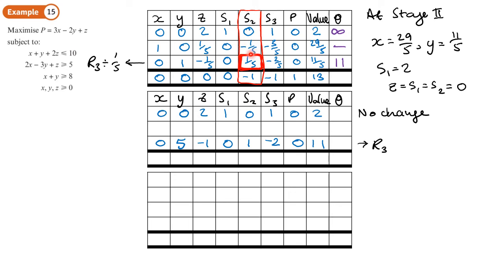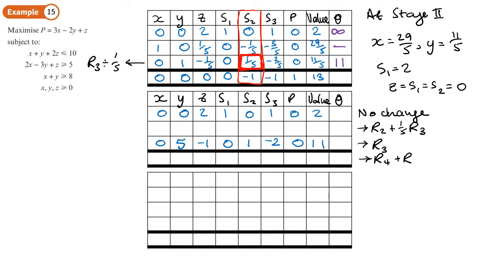With this value here, we're going to add 1/5 of row 3. So from our old row 2, we'll add 1/5 of row 3. Then for our old row 4, this bottom row down here, we are just going to add row 3. We're basically going to add a 1 to that to make it 0.